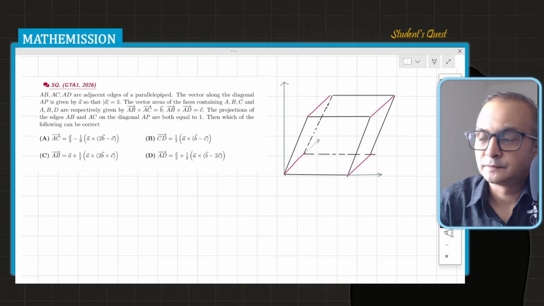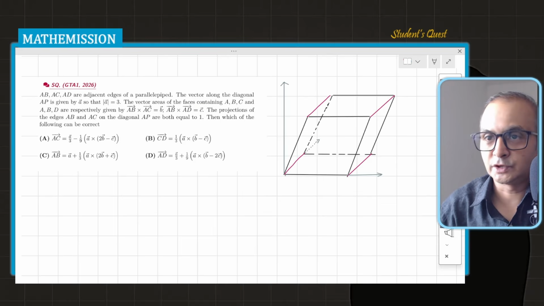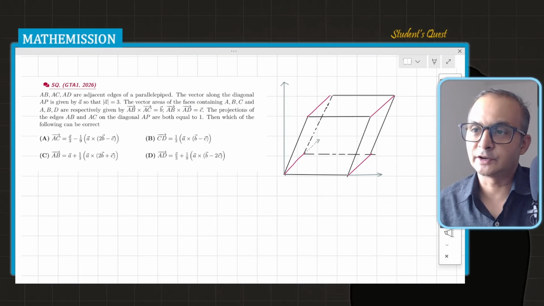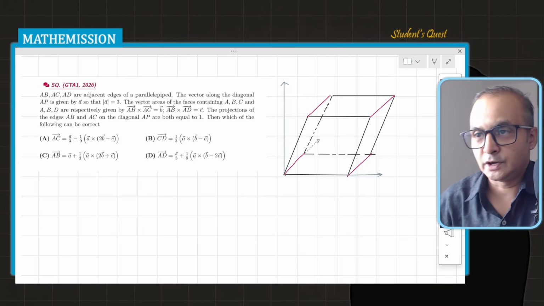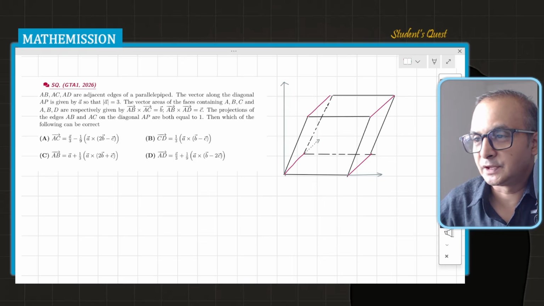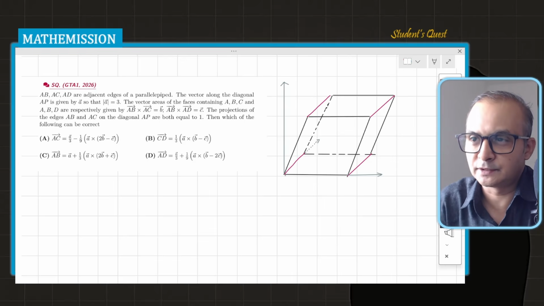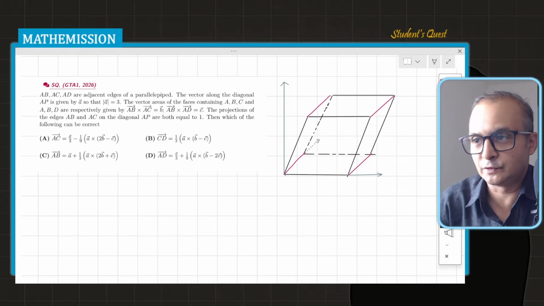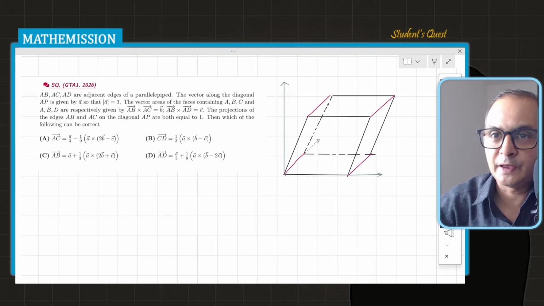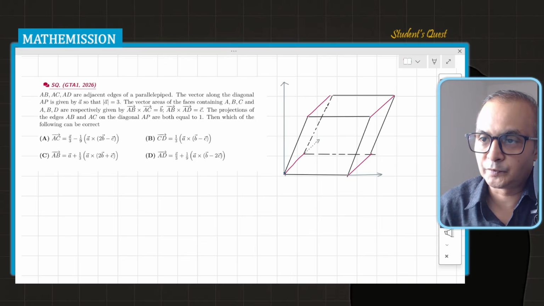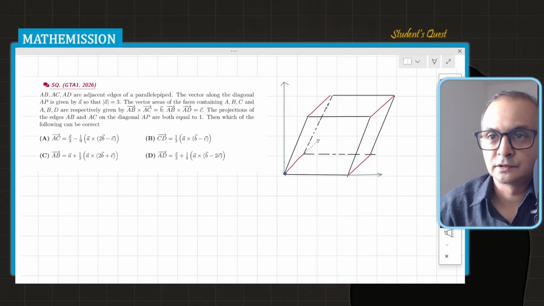They're not the vectors along the edges. So I have already drawn the picture, and this picture is not going to help us that much, but still we have to visualize something. You notice that the AP vector is one of the diagonal vectors.